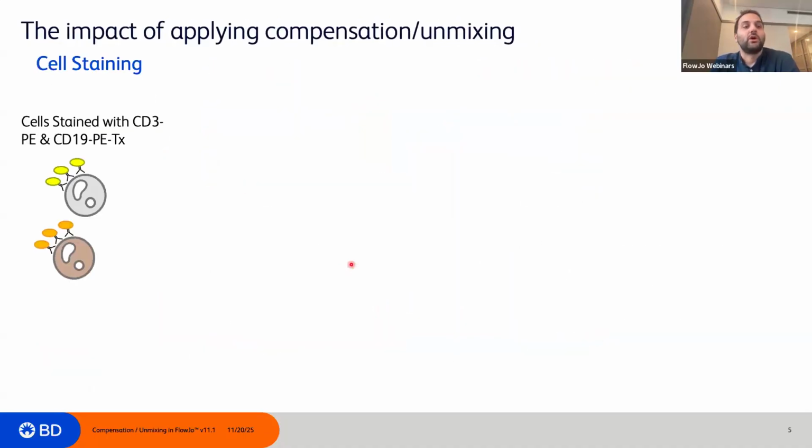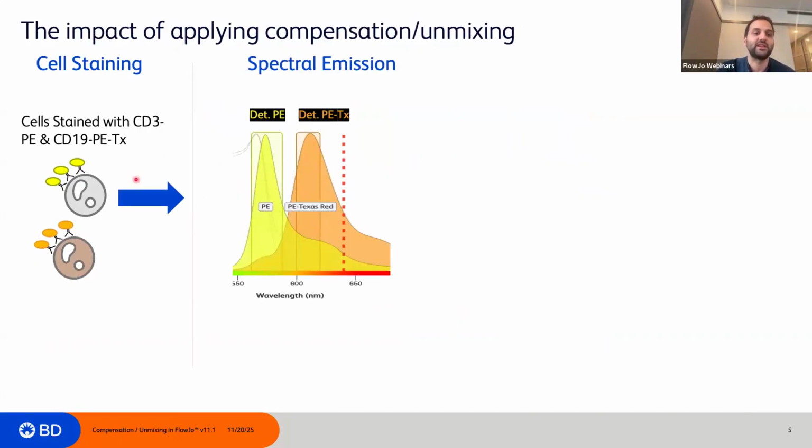Okay, so another example here, you can appreciate this time those two different dyes. Both fluorochromes emit to each other's detectors. So in that case, it's even worse. You can see both emissions from each antibody used here spill over to the detector of each other.